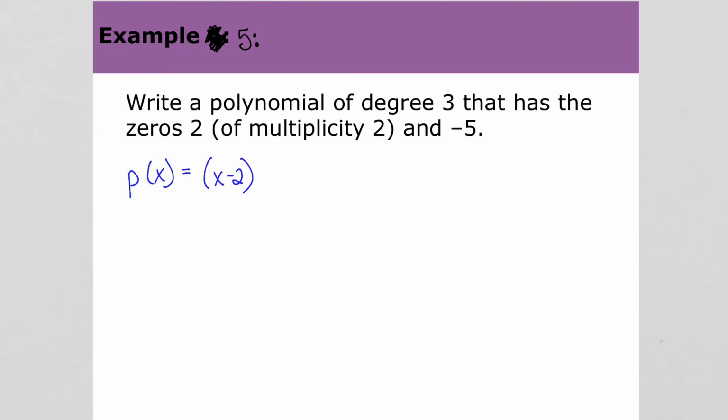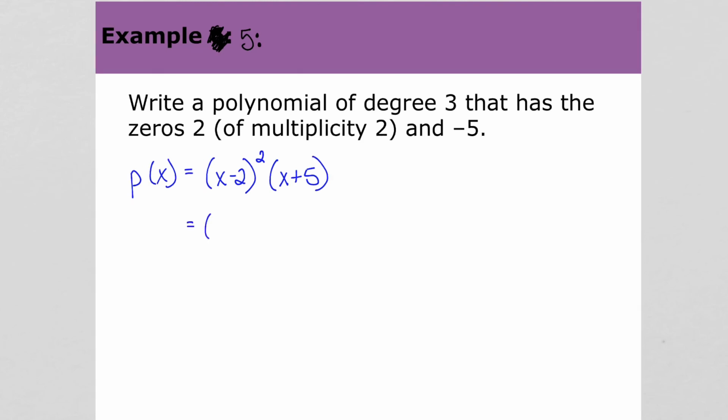And it says it has a multiplicity of 2, so that means the exponent there, the degree, is 2. And then it's got a 0 of -5, so the factor must be x plus 5. So a polynomial of that degree would be this multiplied out.